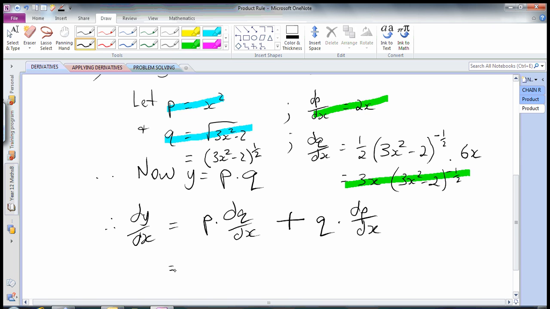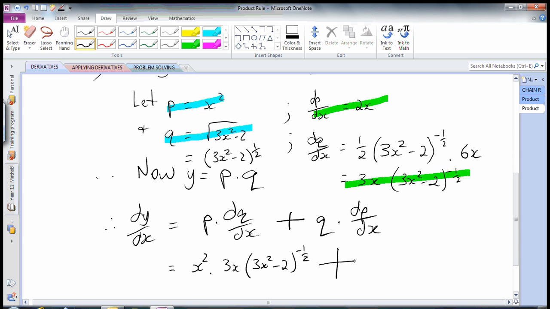So we start with p. p was equal to x squared. We have to multiply that by dq dx, so I read over to the right hand side of the screen, find dq dx, it's equal to 3x times 3x squared minus 2 to the negative 1/2.